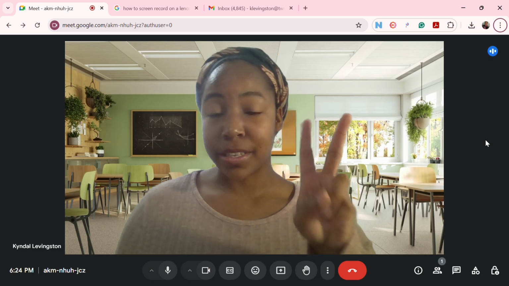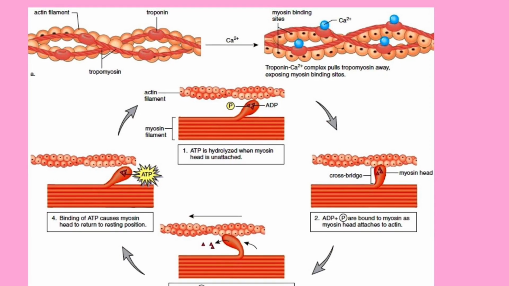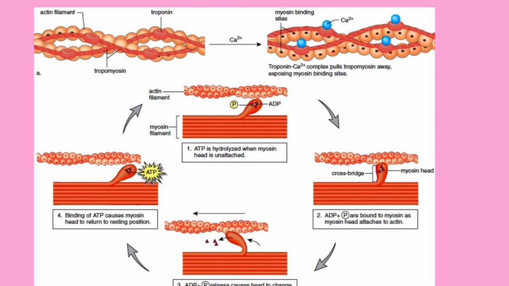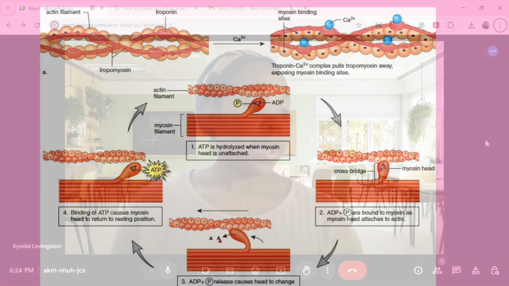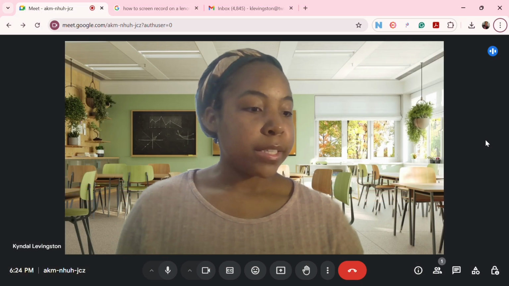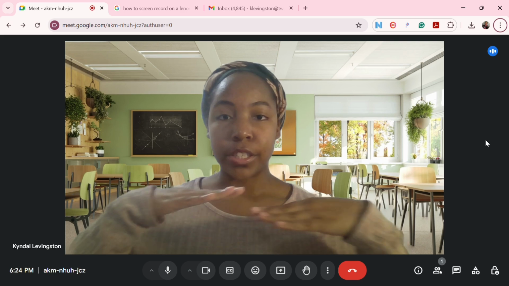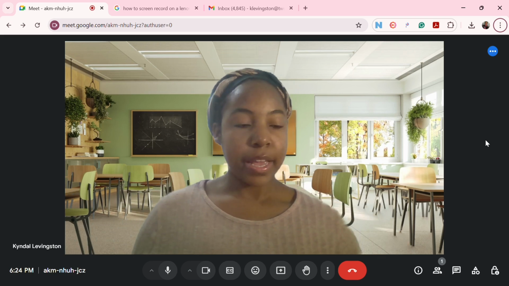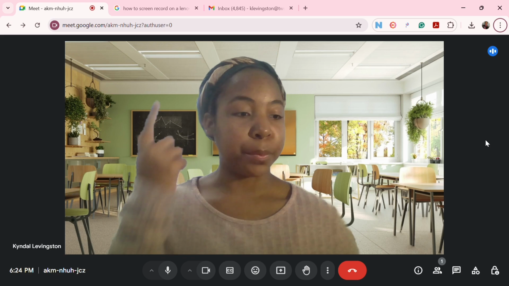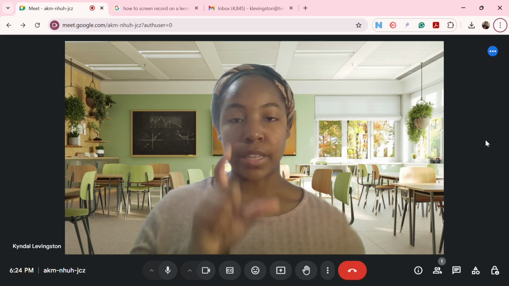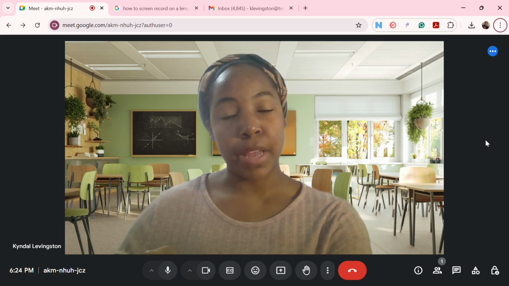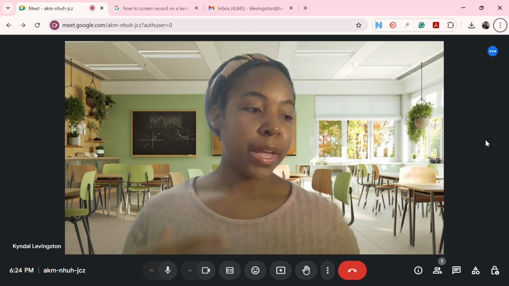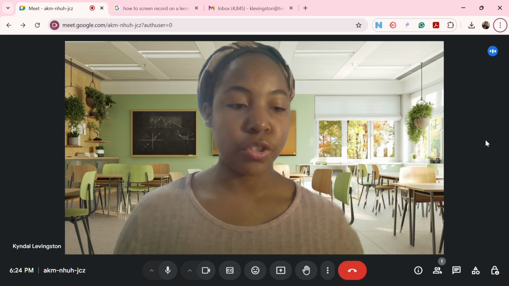Actin and myosin, I want y'all to remember that. And these proteins slide across each other in order to make the muscle contract. This happens when a signal from the brain travels down the spinal cord, down the nerve, into the muscle, and it causes the muscle to contract.